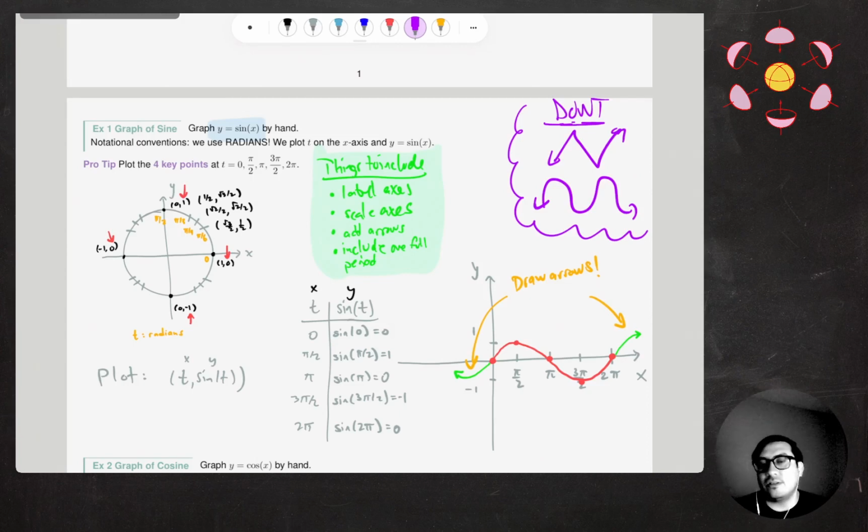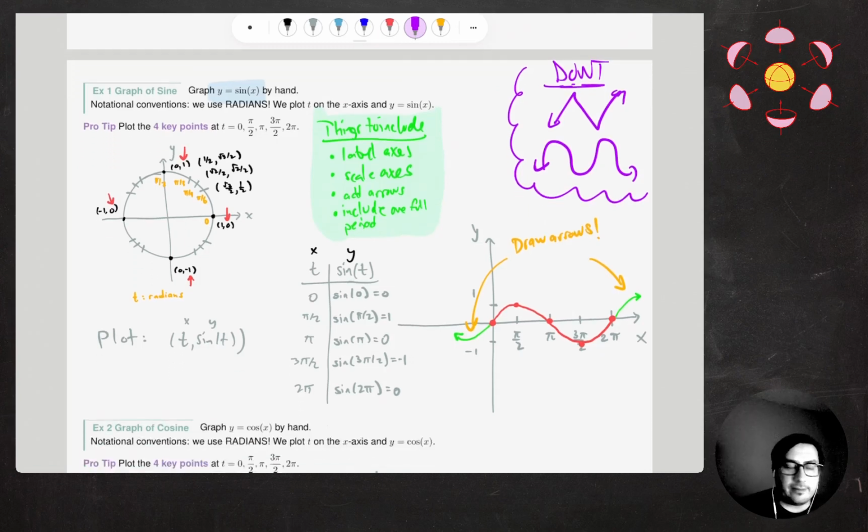Of course, if you're doing it in one color, you would draw all of this in one color. I like having multiple colors though, because it helps everything pop and conveys extra information. Usually the tip is to include at least one full period, because the shape will repeat itself. If you draw one full period, you're good to go.